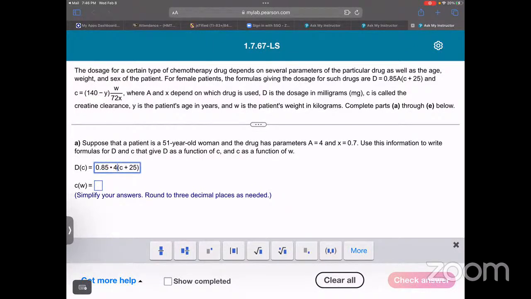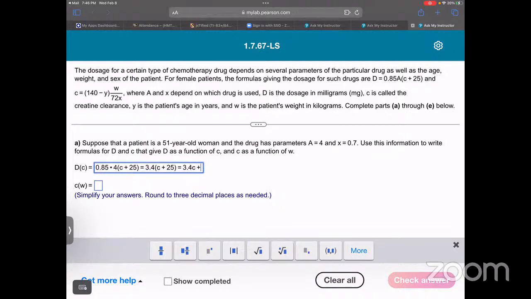Hey Siri, what's 4 times 0.85? 4 times 0.85 is 3.4. So we're saying 3.4, distributing, we get 3.4C plus, hey Siri, what's 3.4 times 25? 3.4 times 25 is 85.